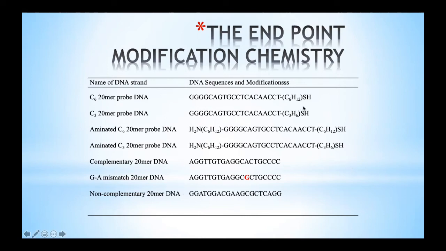As you can see here, we have thiolated end DNA probe, aminated end DNA probe. So before ordering the DNA probe, you have to consider what kind of chemistry is involved on the surface of the sensor.